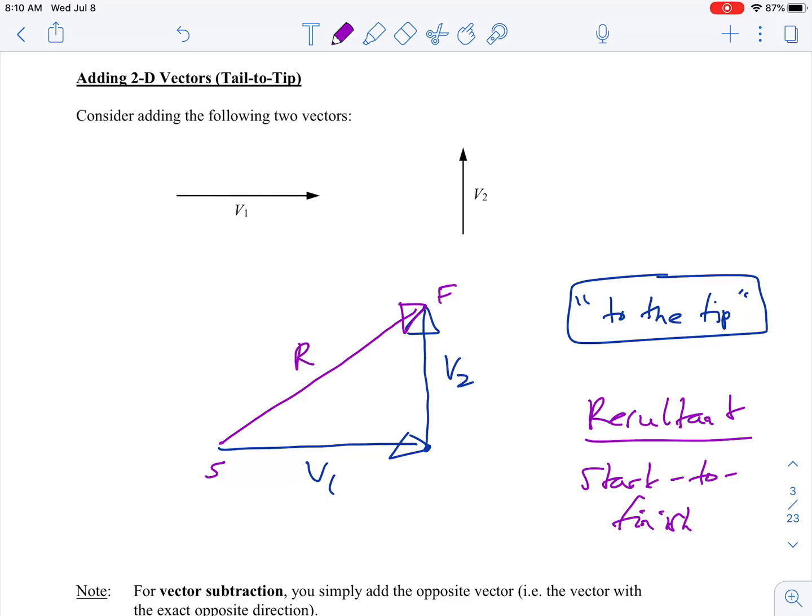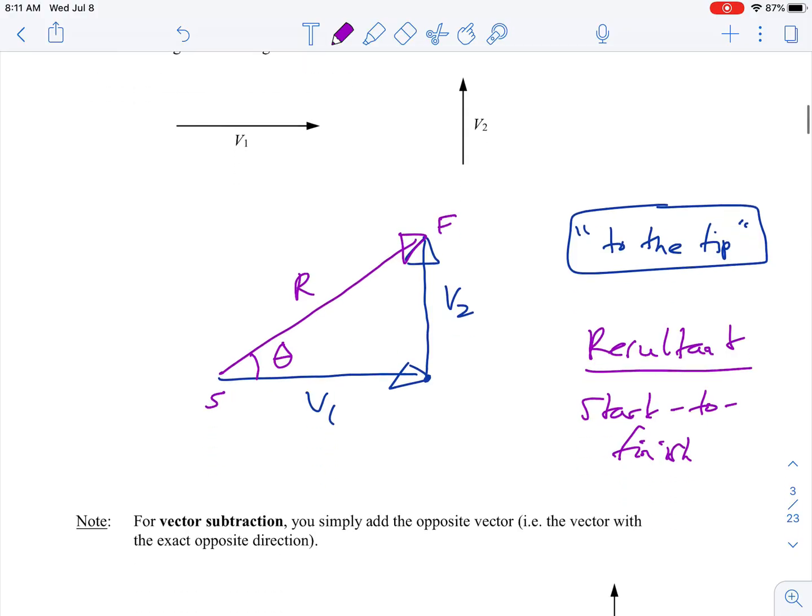That's the sum of those two vectors. And then when it comes to the angle you show, the angle has to always be at the beginning of the unknown vector, or your answer vector. So you'll see how the beginning of R is on this side here. So that's where theta goes, at the beginning of the answer vector. Good? So this is our triangle, then we simply solve the triangle to finish the question. This is called tail to tip addition, but I want you to remember to the tip.